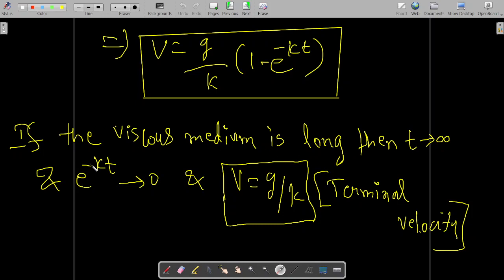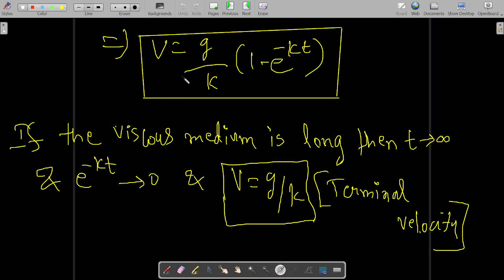This particular thing applies to some other particle, which is under a similar situation of a constant force field. So e to the power minus kt will become what? It will tend to 0 in case of t tending to infinity, when the medium is very long. So this term will vanish.